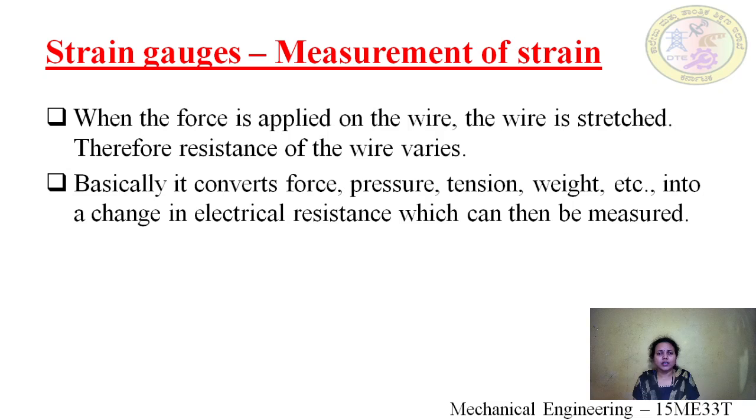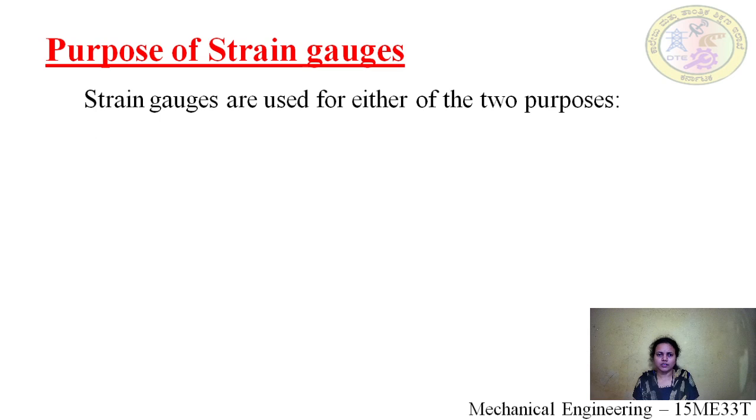Basically, it converts force, pressure, tension into a change in the electrical resistance, which can then be measured. First I am applying a force, then the force is going to change the dimensions of the strain gauge, then that change in the dimensions will give the result, how much force is applied.